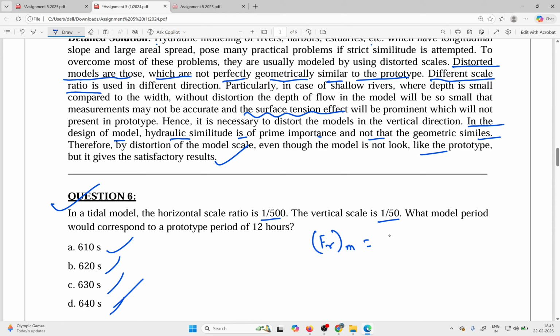Fr for model is equal to Fr for prototype. So here Vm divided by root g, now I'll write area by T, this is m, this is m, equals Vp divided by root g, Ap divided by Tp.